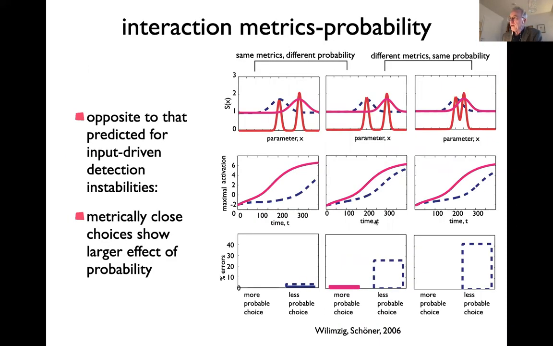I don't want to take you through all of this, but if you go through it on the slides, you will find that here the opposite happens. That is, the metrically close choices have a larger effect of probability than the metrically far choices. And that's how one can understand how two different signatures can arise from the same theory.